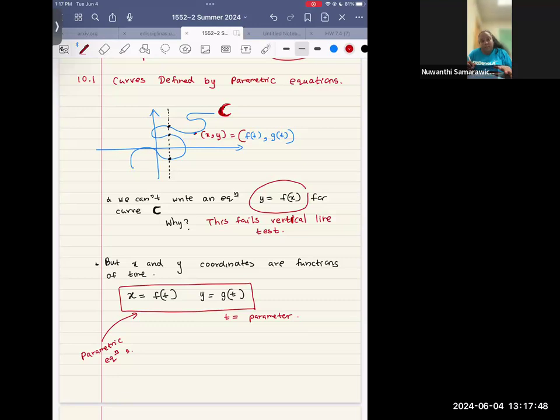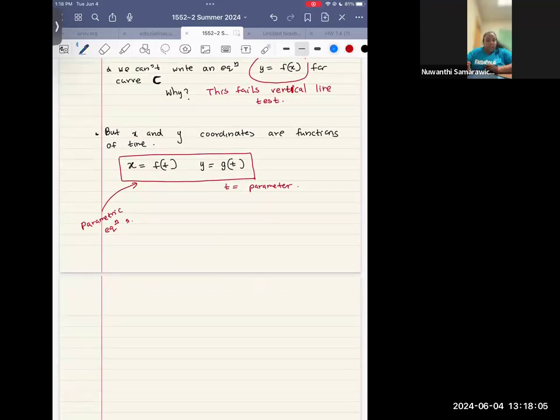Now in this part, we are going to learn how to draw these parametric equations. When they give you a parametric equation, you have to find how to draw it. So let's do an example: graphing parametric equations and eliminating the parameter.